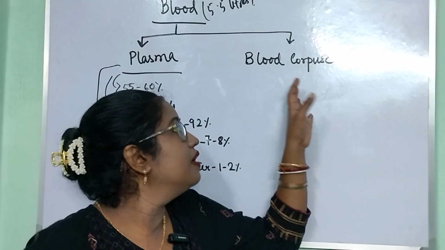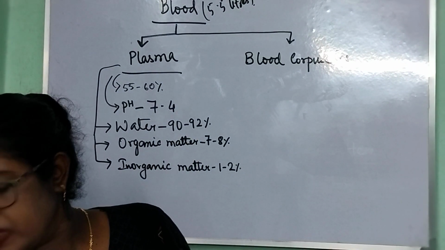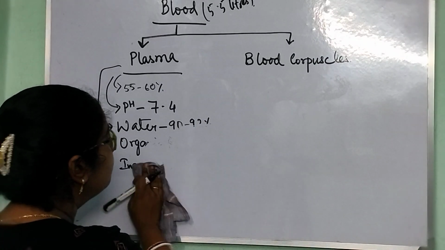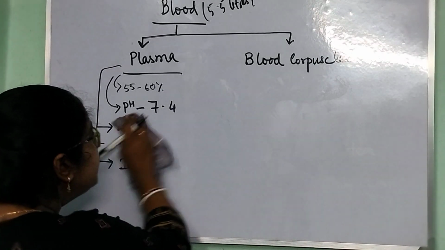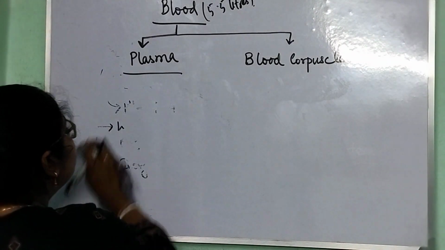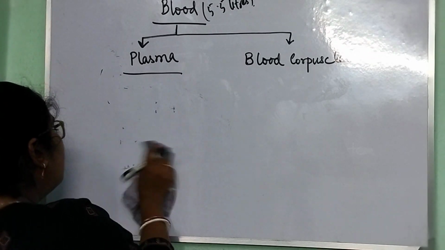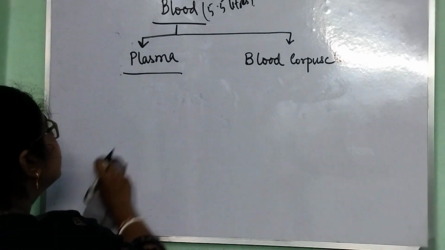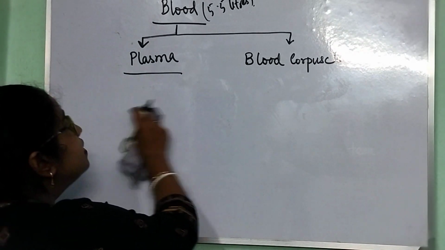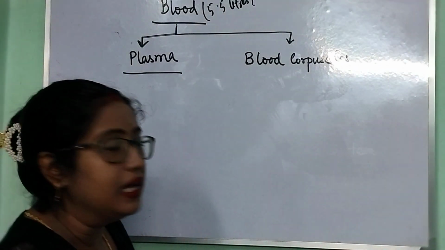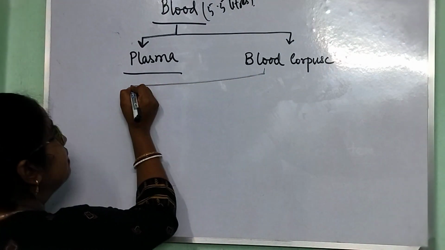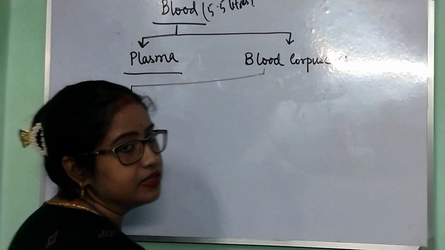Next we discuss the blood corpuscles. The blood corpuscles remain suspended in the plasma. The blood corpuscles are nothing but the blood cells that are present in the blood and remain suspended in plasma. There are basically three types of blood corpuscles.